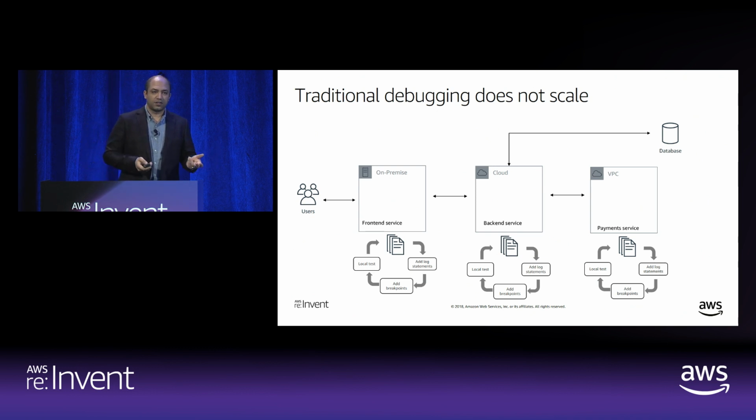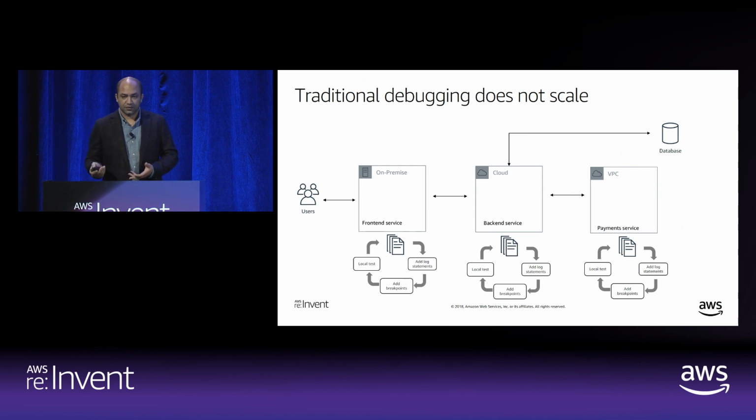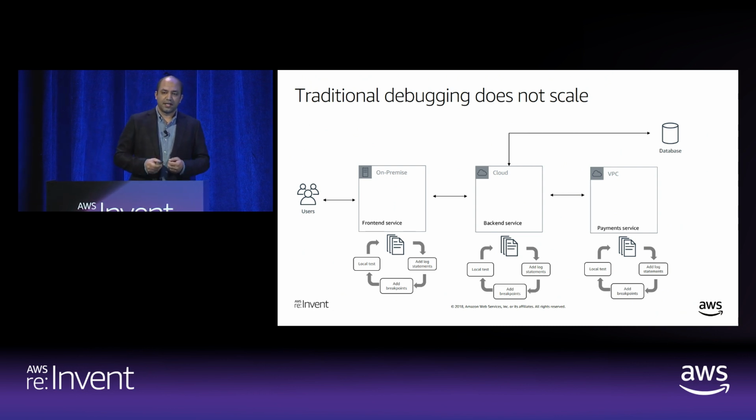When you have issues in systems, you may start with, hey, I have an issue in my payment service, and then as you start digging into the logs, you realize it was because of the database, and then you start digging into your database logs, and then you realize it was really because there was a client-side issue where the client sent me a different input that I was not expecting. So you're chasing logs in disparate systems that are not interconnected.